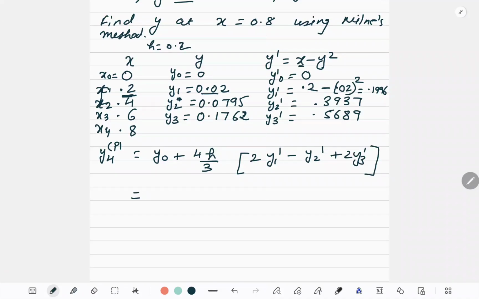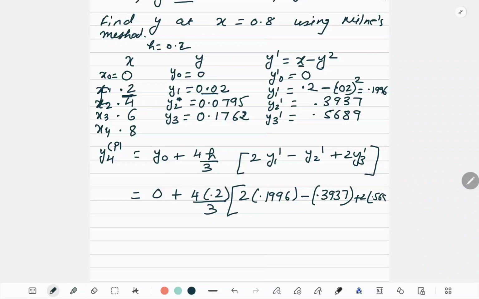Okay, what is y0? 0 plus 4 into 0.2 by 3 into 2y1 dash minus 0.3937 plus 2 into 0.5689. Okay, now when you solve this, you will get 0.3049. Use your calculator.